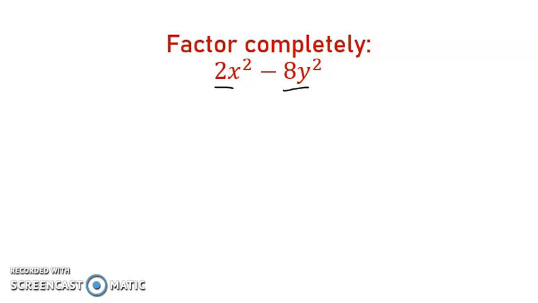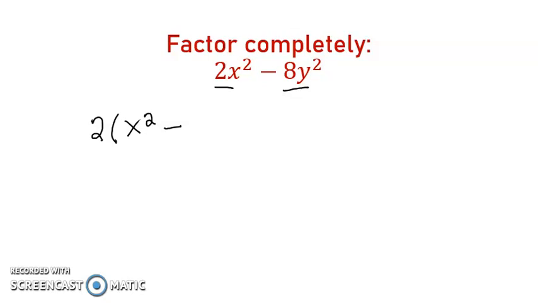Now, if you have noticed, 2 and 8 are both even numbers. Therefore, we can say that it has a common factor, which is 2. So, let's factor out 2 first. Factoring out 2, what will remain inside will be 2x squared divided by 2, which is x squared. Then, copy the operation, which is minus.